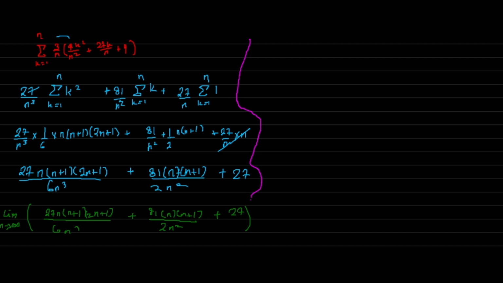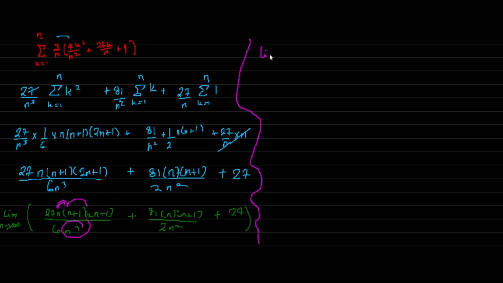It's something I learned from someone else on YouTube, but basically instead of expanding this whole thing and then looking for the terms in which n cancels out, we can just look at the numerator. So in the denominator I have n cubed, and in the numerator the maximum power of n can be only n cubed. So that means anything that is not n cubed is going to approach 0 as n approaches infinity, right? So I see that 27n times 2n is 54n cubed.